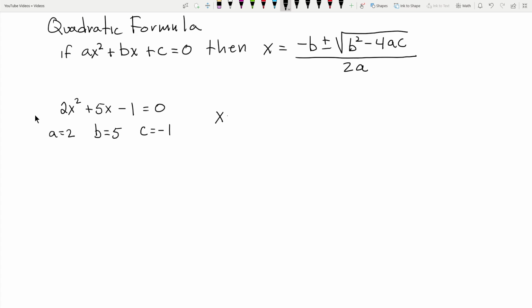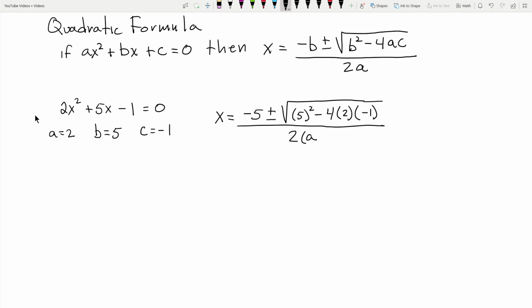So x equals, following the formula, negative b, so minus 5, plus or minus the big square root of b squared, so 5 squared, minus 4 times a, which is 2, times c, which is minus 1, all over 2 times a, which is 2.